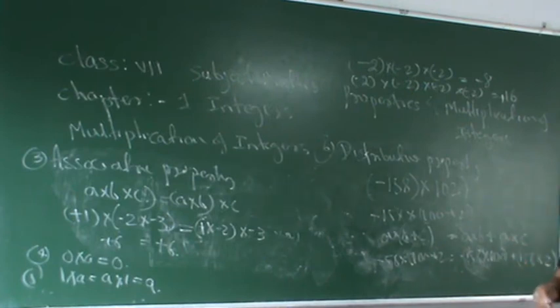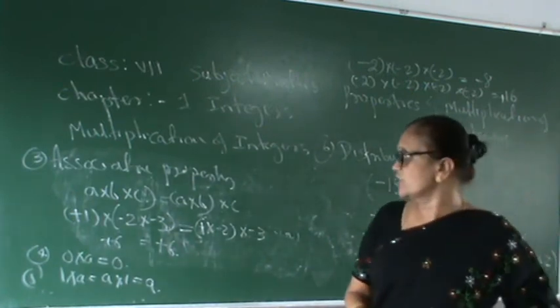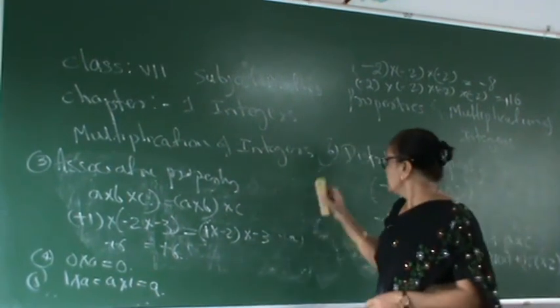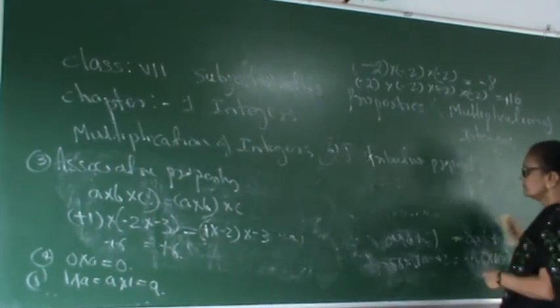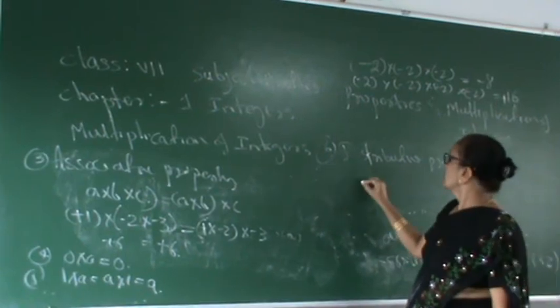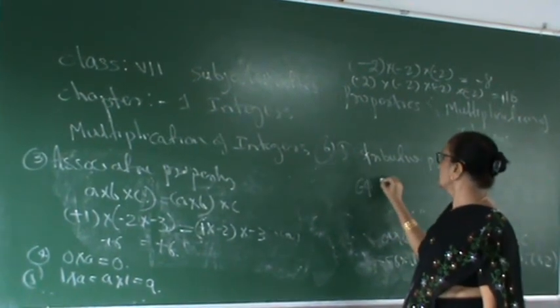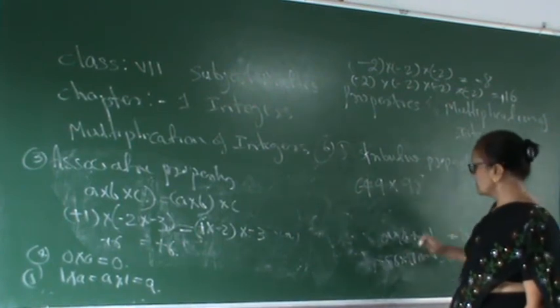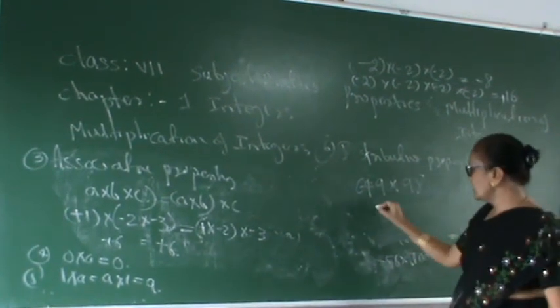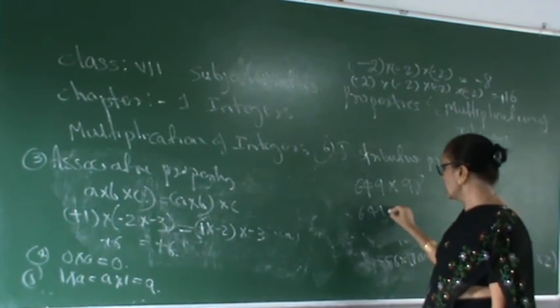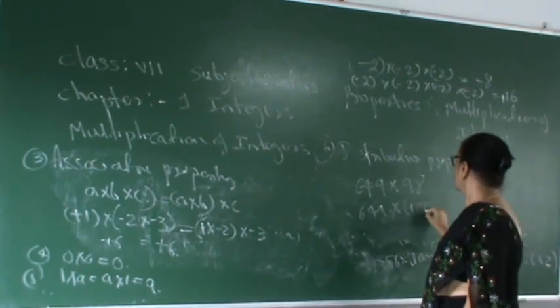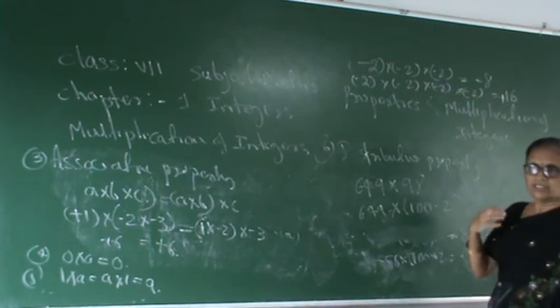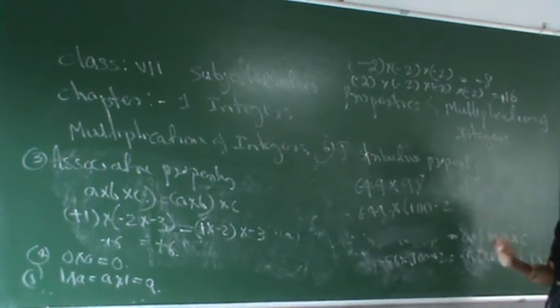One more you will get, distributive property of multiplication over subtraction. What is that? Suppose here 649 into 98. Instead of writing 98, we will write 100 minus 2.